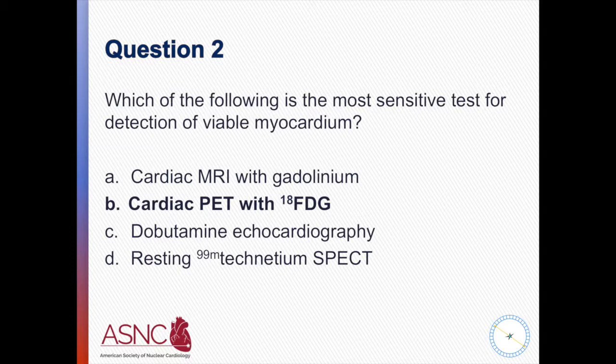Dobutamine echocardiography looks for contractile reserve, which when present is a very specific indicator of viability. In fact, with dobutamine echocardiography, the thing that is most helpful is when patients have a biphasic response, where the myocardial region starts with akinesis and therefore makes you wonder whether it's viable or permanently scarred. And then at low dose dobutamine, there's increased contractility in that myocardial region, which implies some degree of viable myocardium with contractile reserve.